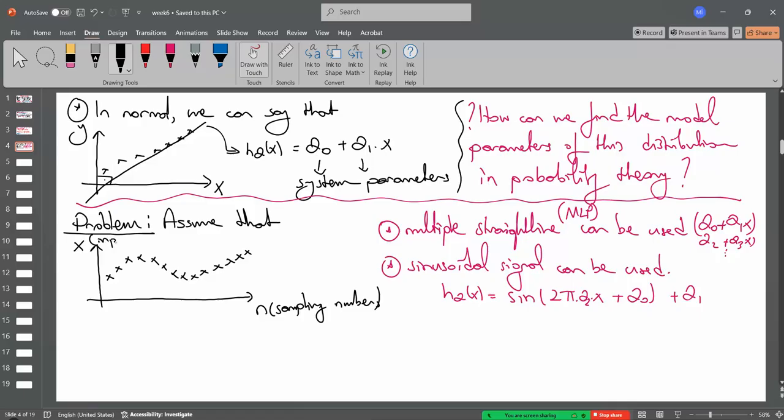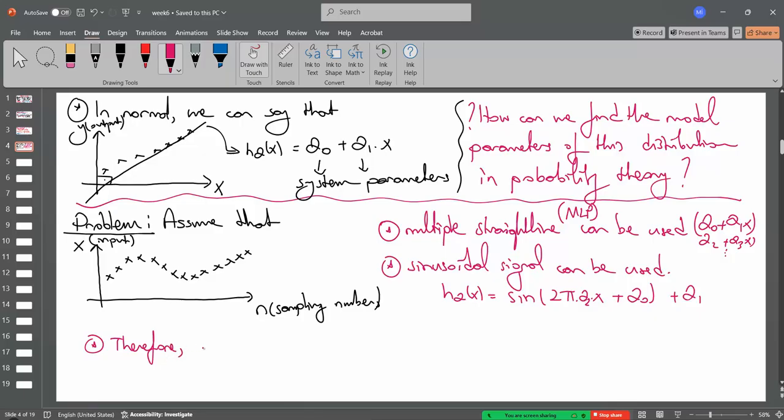This is only input, but in the previous case this is the output. But the question is how we can model the input based on this and the sampling numbers. And so we can write that.